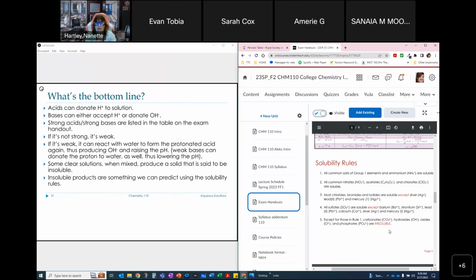I would expect that you can balance an acid-base reaction to give me water and salt, and look to see if that salt that's produced is soluble. Okay. Once you've written that molecular equation, you should also be able to write the ionic and the net ionic equations, and you need to make sure that you've balanced everything appropriately.